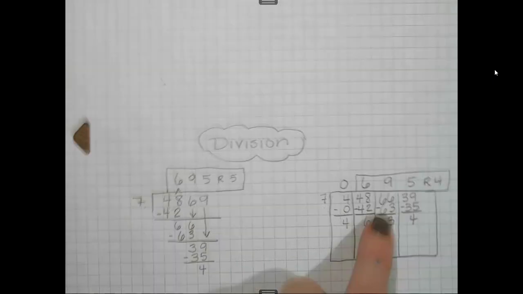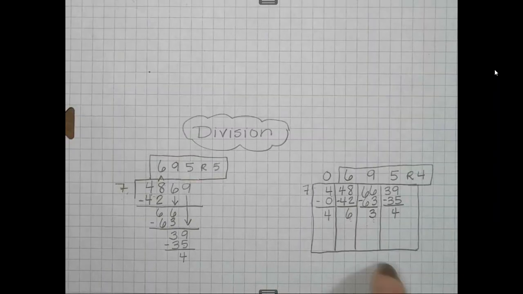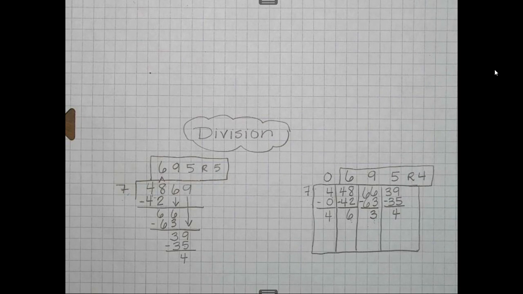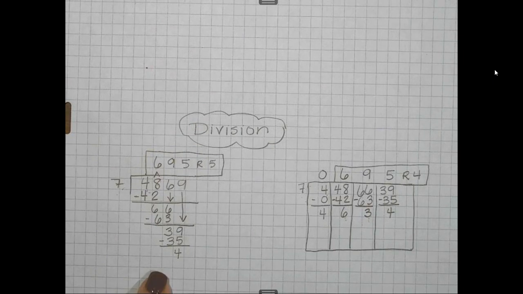If you understand what you're doing, then in 6th grade, 7th, 8th, and so on, you're going to be so much better off when we slide over and use this setup for the traditional or standard algorithm.